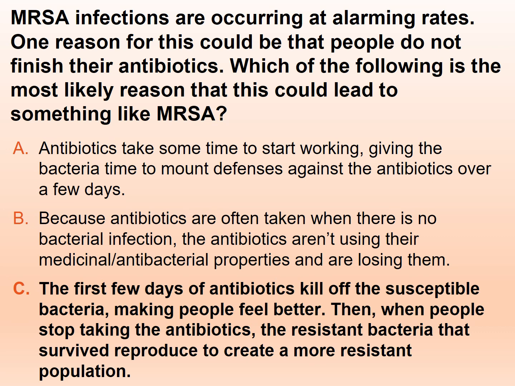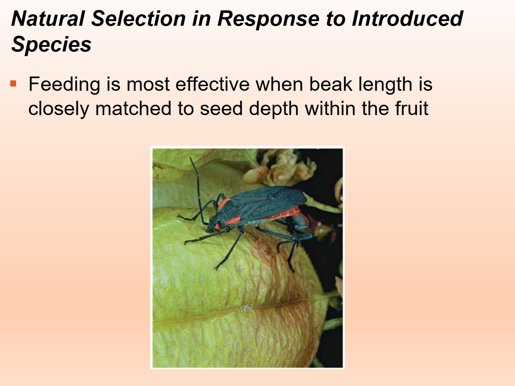All right, now one final thought on natural selection. Natural selection can actually respond to new species and new environments, right? So let's see here. We've got the soapberry bugs. They use their beak to feed on the seeds within the fruits, and we find these in Florida. Feeding is most effective when the beak length matches its seed depth within the fruit.